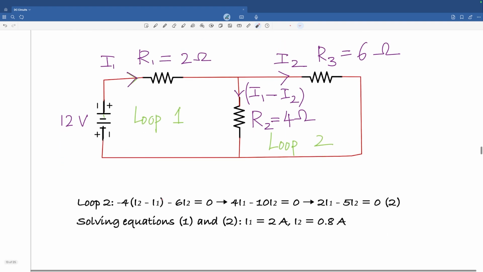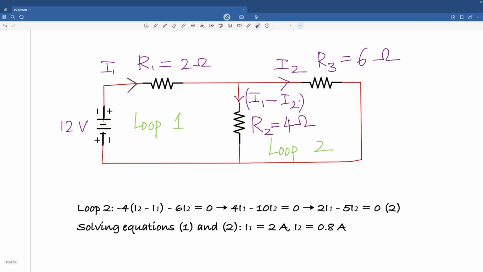Let's look at it. So you go 6I2, which is basically what's written here, plus 4 times I1 minus I2, is equal to 0, because there is no battery in the circuit.